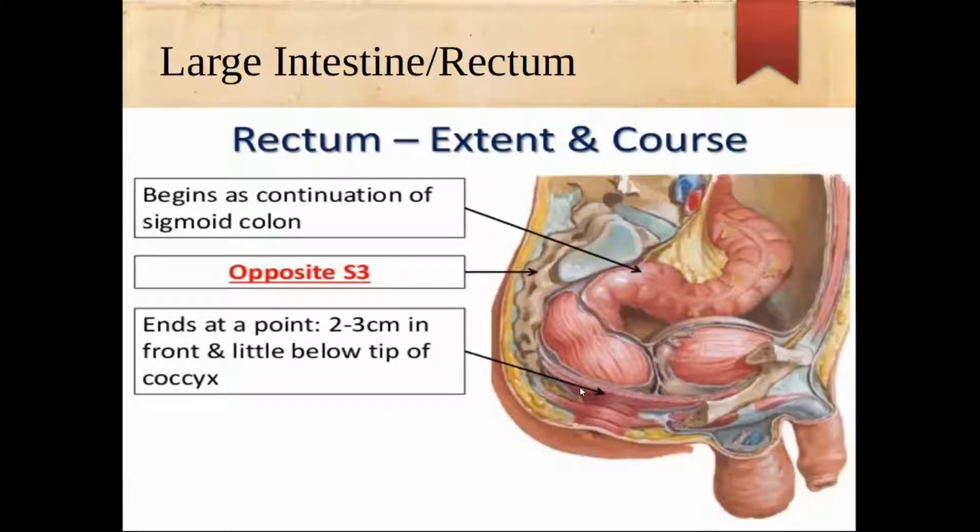This is the pelvic diaphragm, and below the pelvic diaphragm you find what we call the anal canal. This is the anorectal junction here. Okay, it starts opposite to S3 as a continuation of the sigmoid colon, ending about 2 to 3 centimeters in front and a little below the tip of the coccyx.